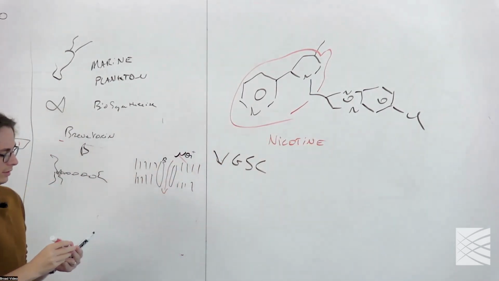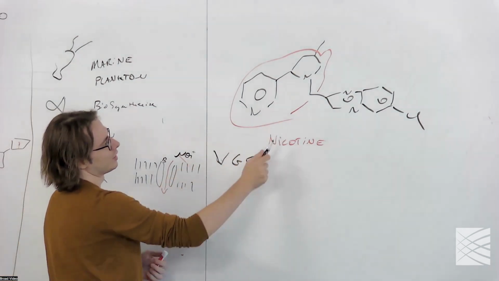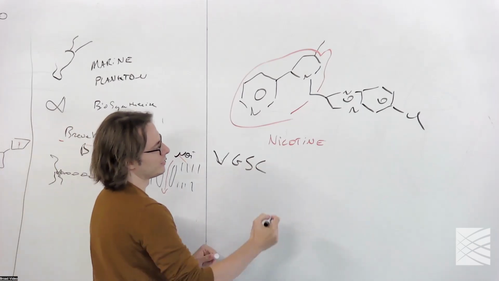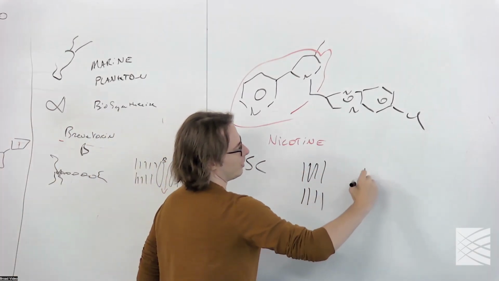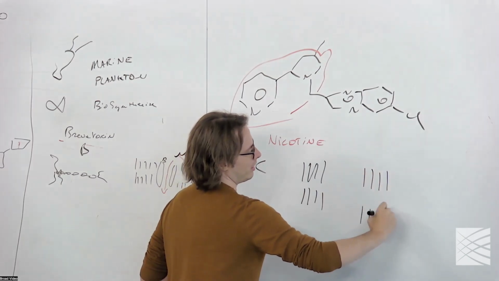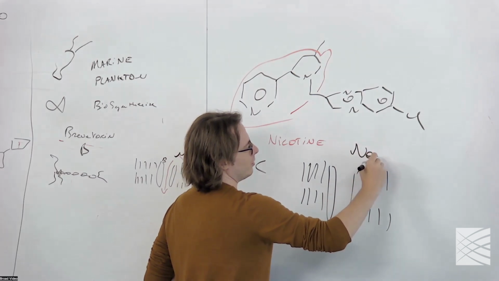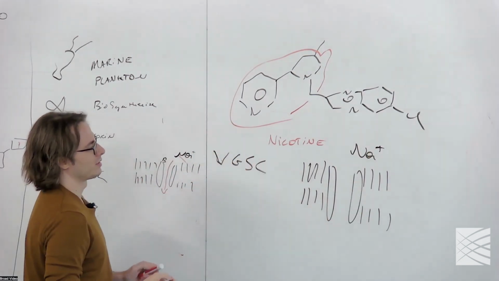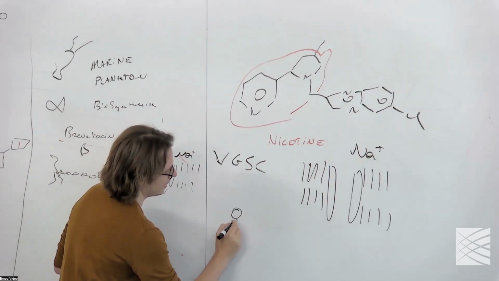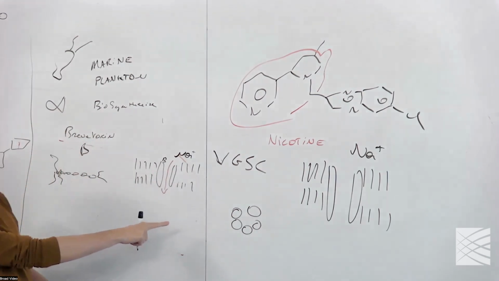So again, along the lines of explainable AI, if you think about this substructure and about nicotine itself, nicotine is also involved in sodium ion management, also in neuronal cells, in nicotine acetylcholine receptors. They look like this. They're pentameric structures.